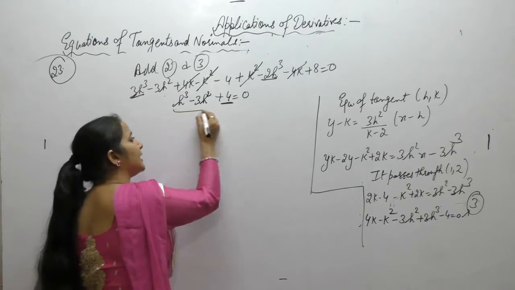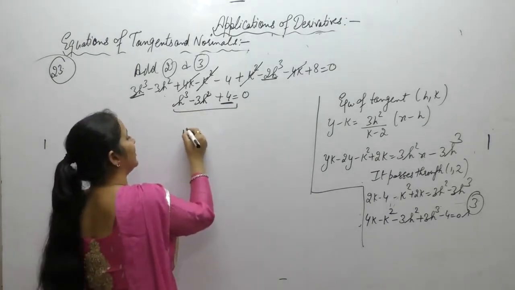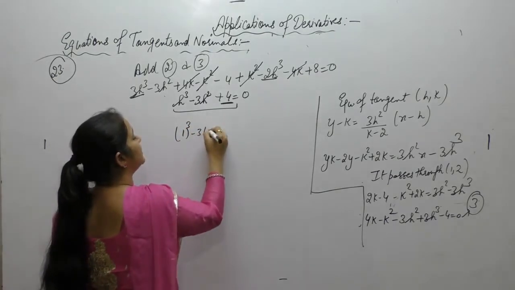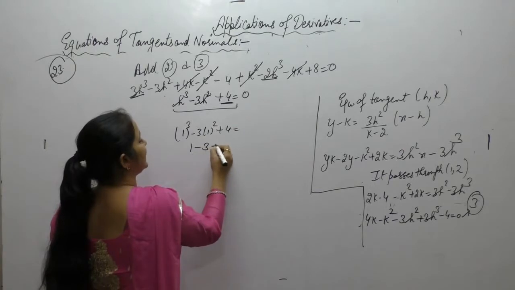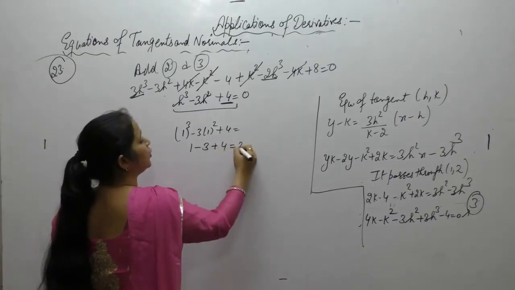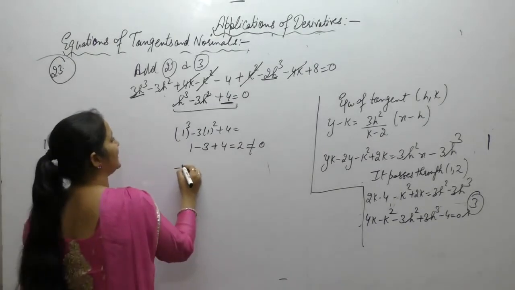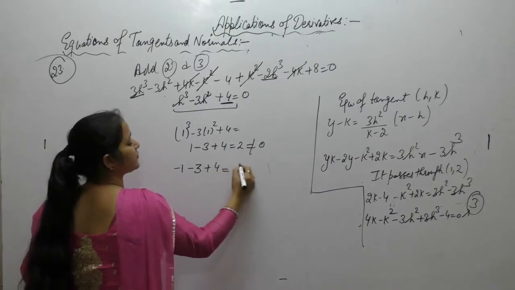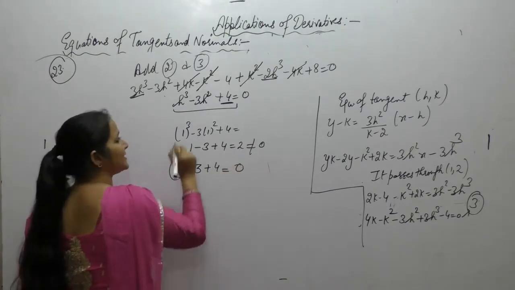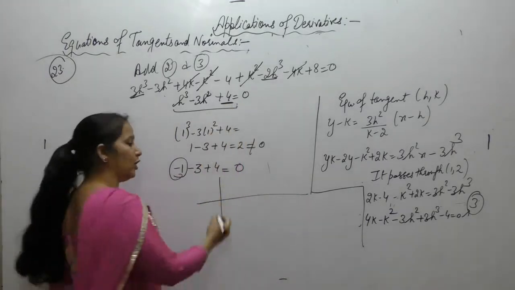Let me put 1: 1 cube minus 3 times 1 square plus 4 is 2, that is not equal to 0. Put minus 1: minus 1 cube, minus 3 times 1 square, plus 4 is 0. So minus 1 is one of the factors of this cubic polynomial.